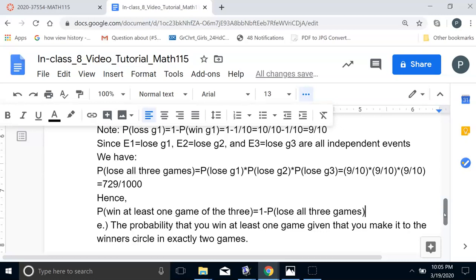Because if you think about it, if you don't lose all 3 games, then you have to win at least one game. So when you go 1 minus this, you're taking lose all 3 games out of the picture, and what's left is only that you'd have to win at least one game. So we have this, which is nice.